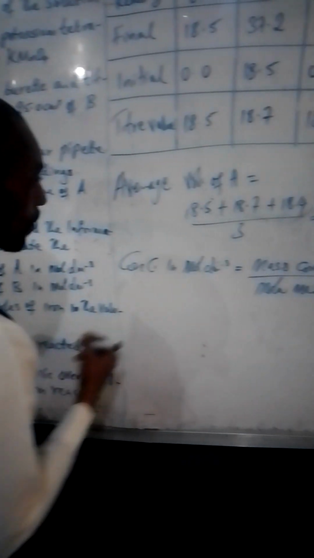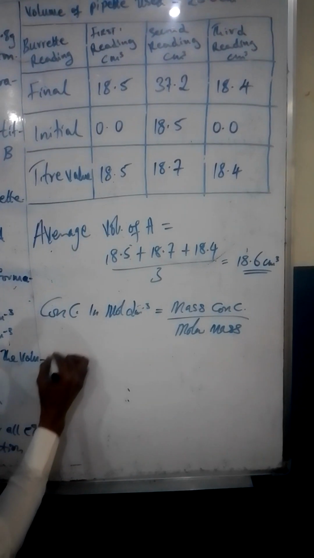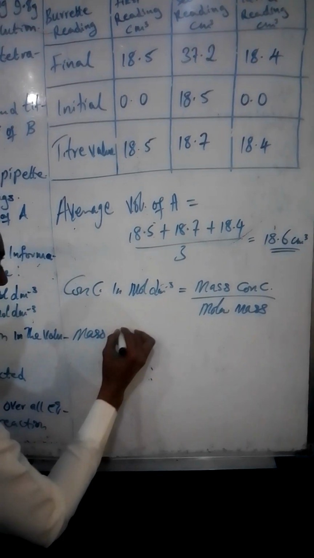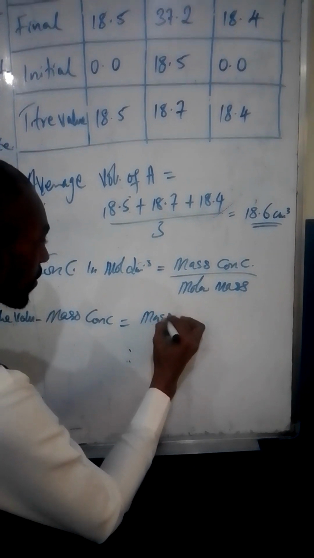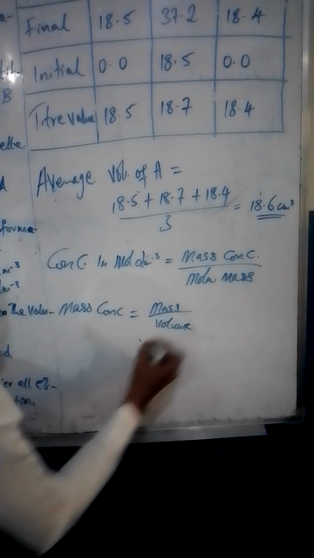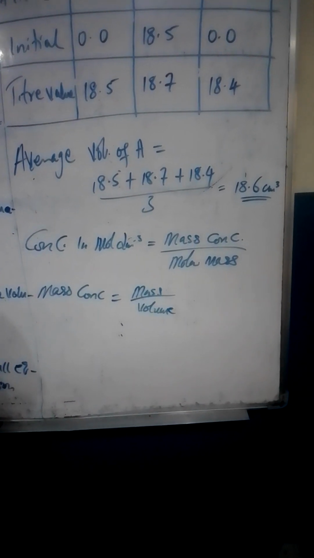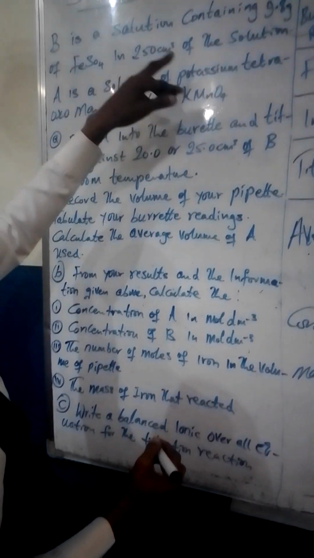And from here we know that we can calculate the mass concentration. Mass concentration is equal to mass over volume.